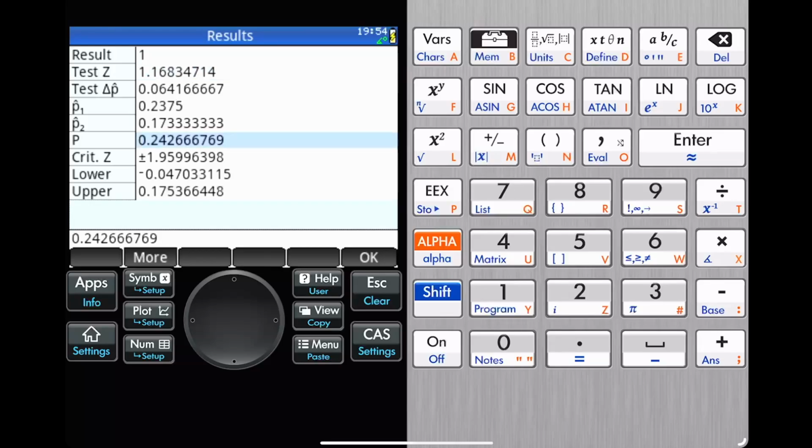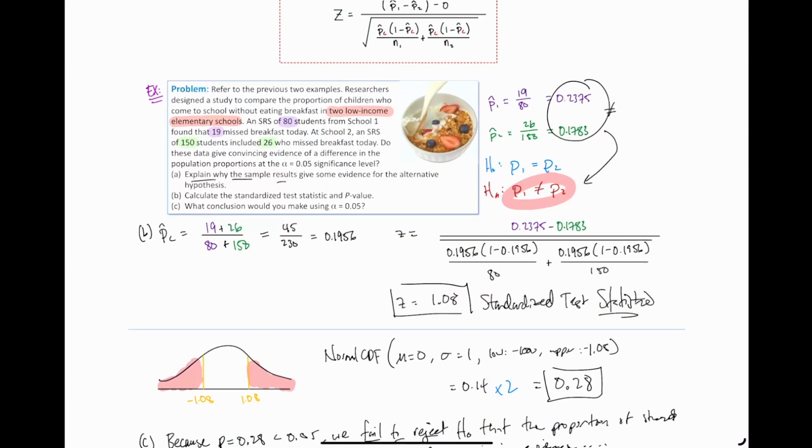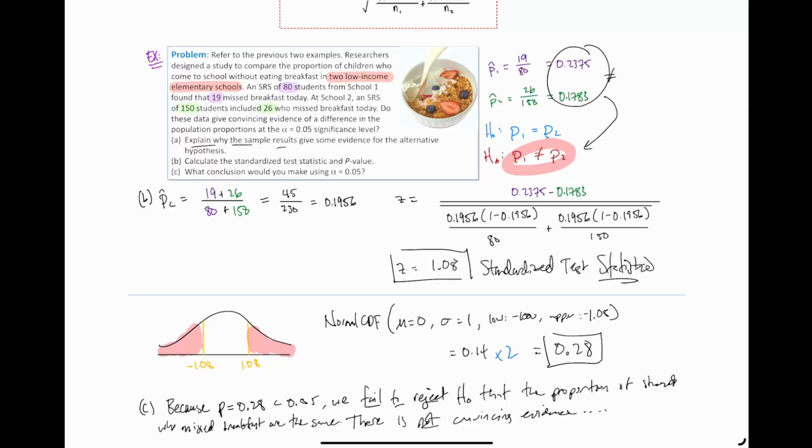We do have a p-value here of 0.2426, which is close to our p-value of 0.28. So the result is that we failed to reject our null hypothesis.